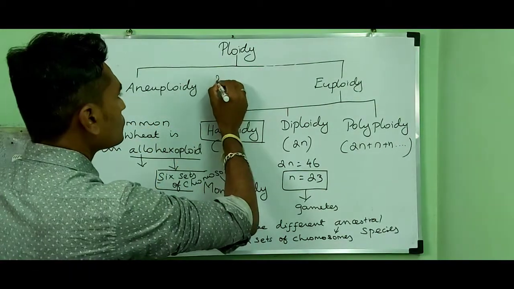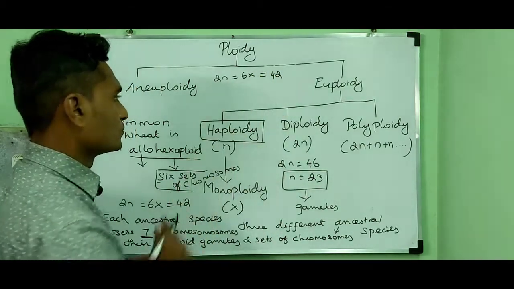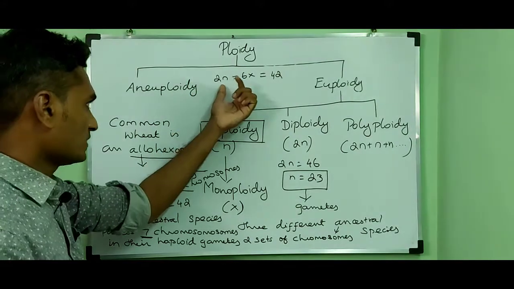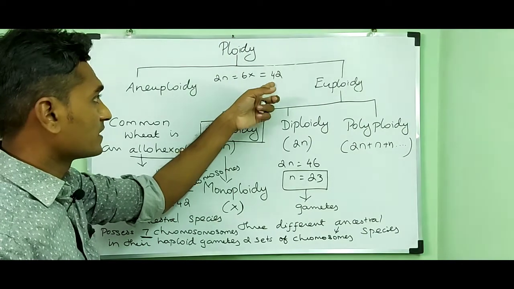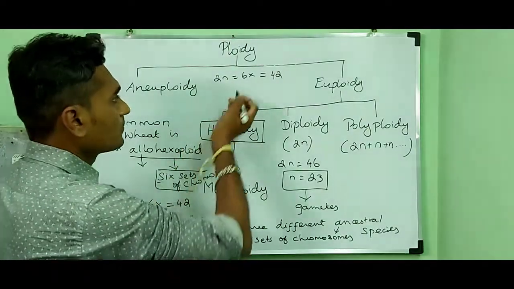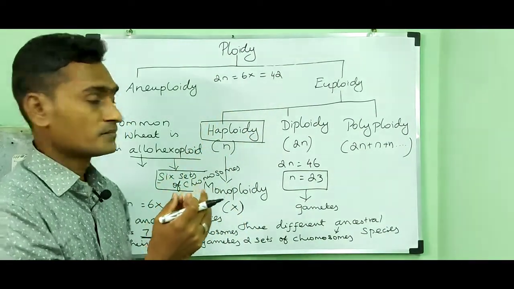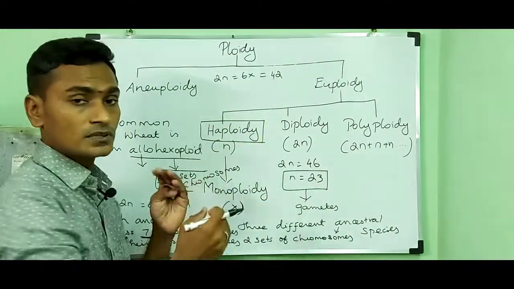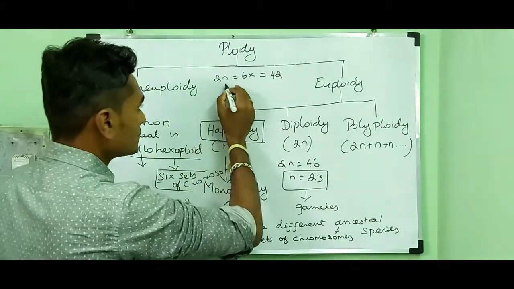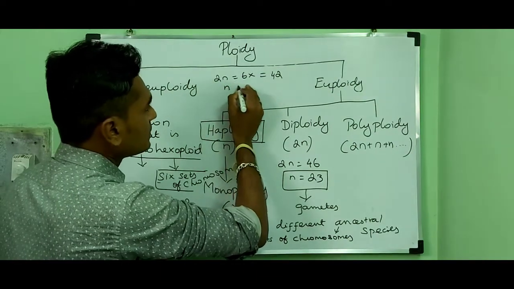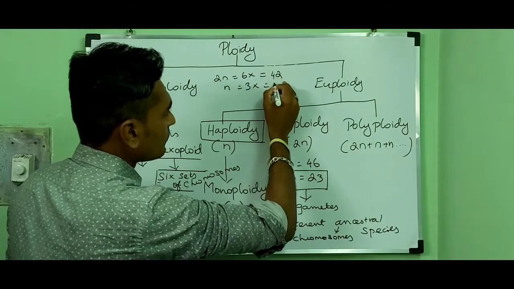So 2n is equal to 6x equal to 42. They are diploid in nature, added by 6 sets of chromosomes, and it contains 42 chromosomes. Now I am going to convert it into the haploid nature. This organism undergoes meiosis, so it gets reduced. So n is equal to 3x is equal to 21.